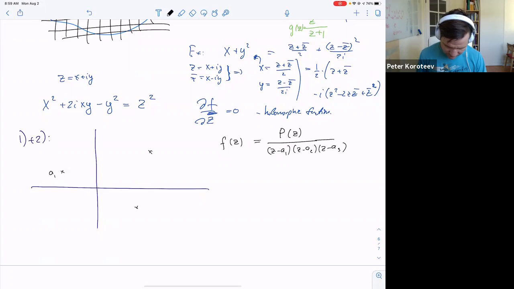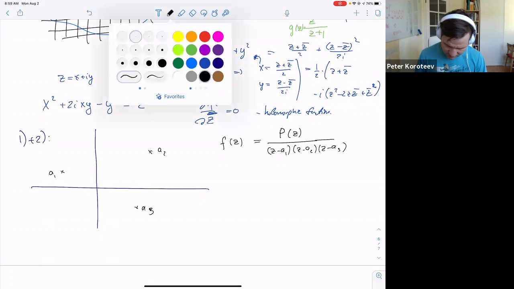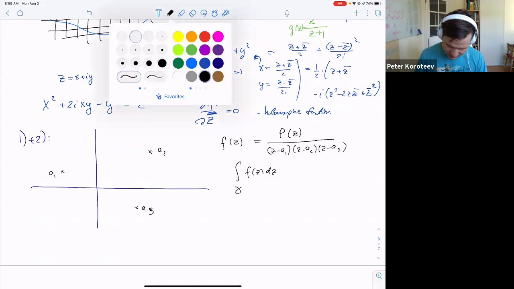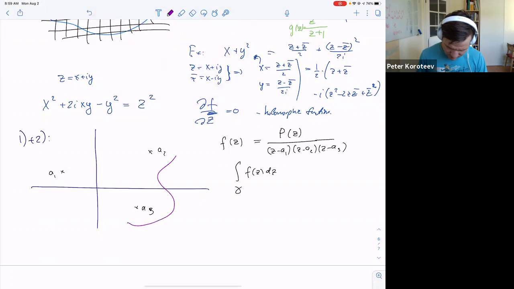And you want to integrate this f over gamma that goes like this. Some clever loop or whatever.